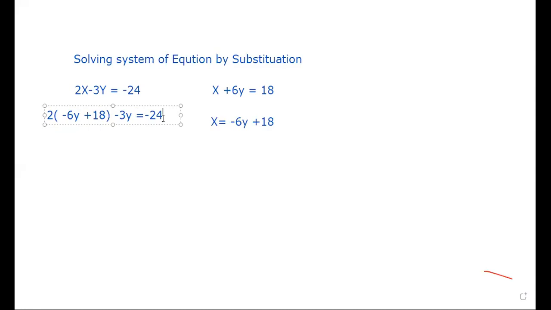I said that we will choose from the second one. We will check all the variables. The first one, this is 2. No, we are looking for 1. This is negative 3. No, we are looking for 1. This is 1. Okay, we found it. So we will keep x and move positive 6y to the opposite side, so it will be negative 6y plus 18.